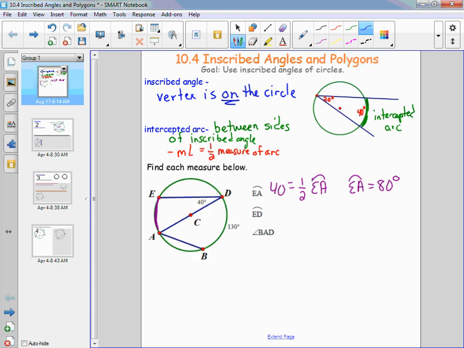When asked to try and find ED, we know that the chord through the center is a diameter, so we're going to take 180 degrees for the semicircle minus the 80 from EA, and we find that ED is 100 degrees. Measure of angle BAD, so we're looking for this angle right here. It's going to be half of the arc, so half of 130 degrees, and that is 65 degrees.